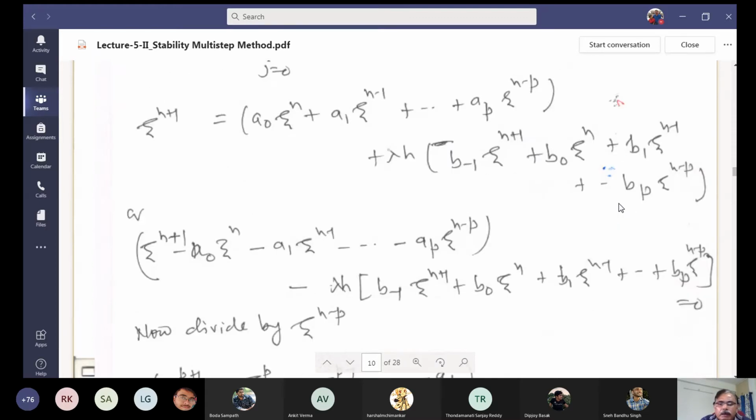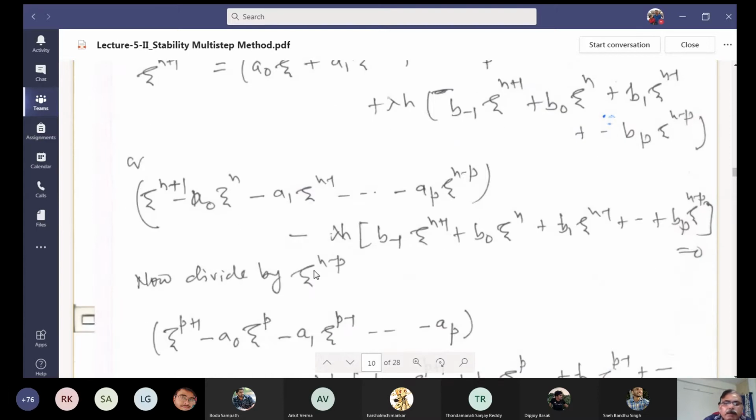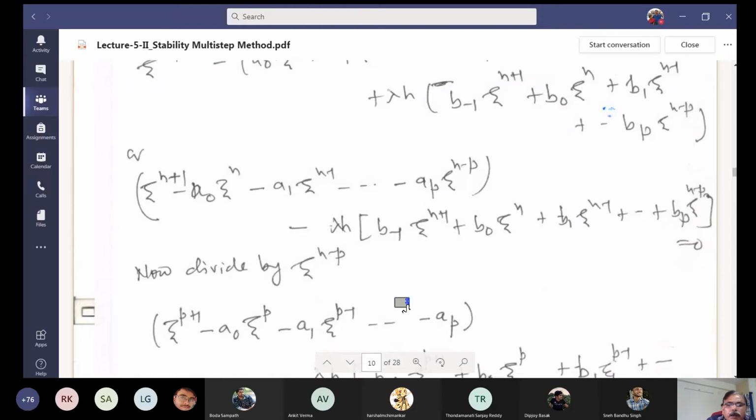So we may take both the things on one side and then divide by xi to power n minus p, that is the lowest power. Dividing the whole thing by xi to power n minus p, here it will become xi to power p plus 1, and then you'll see a naught xi to power p, and so on.